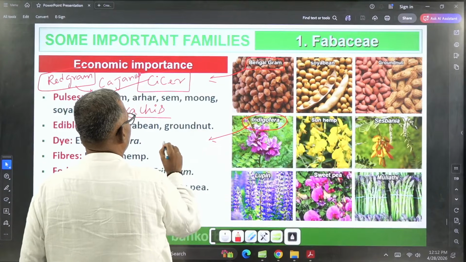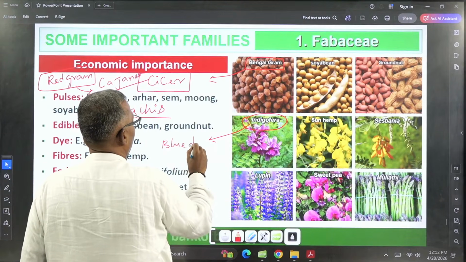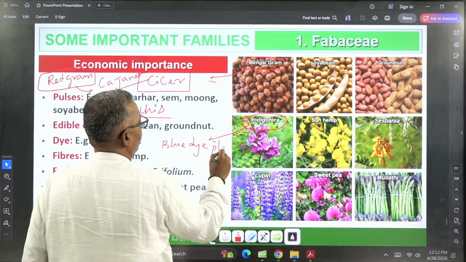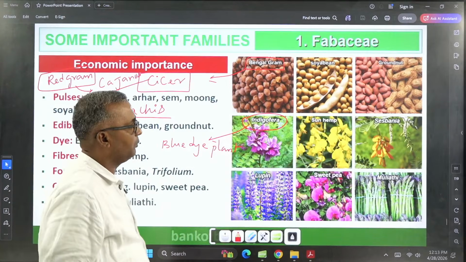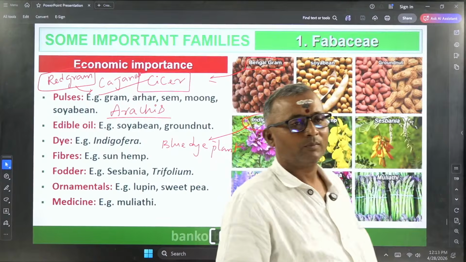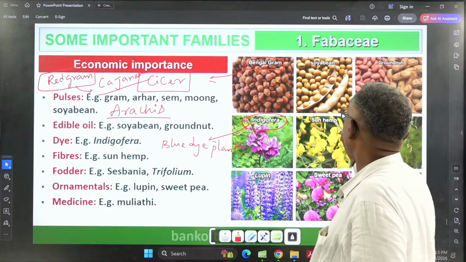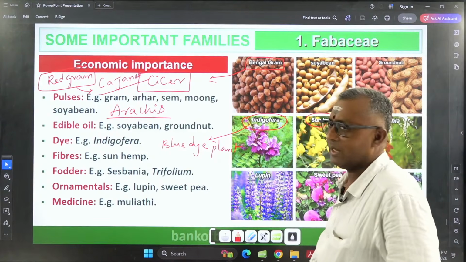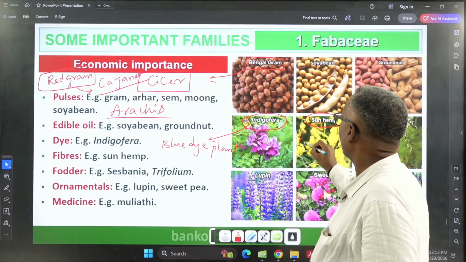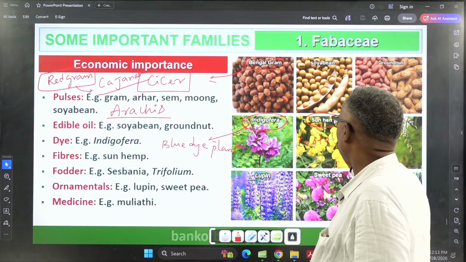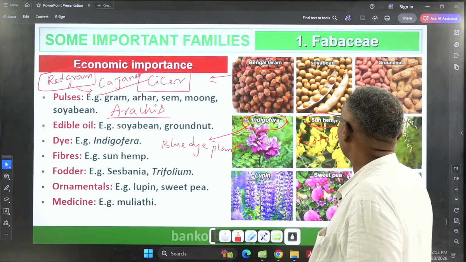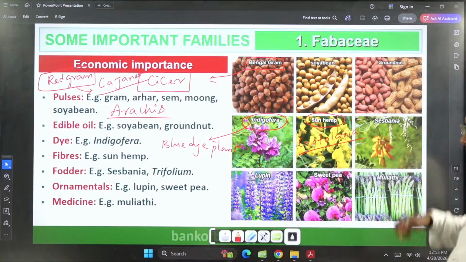It is called blue dye plant. Understood? Then sun hemp. Sun hemp is nothing but Crotalaria. Crotalaria is the sun hemp.